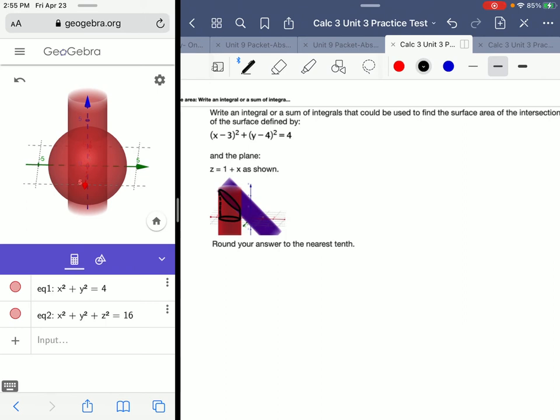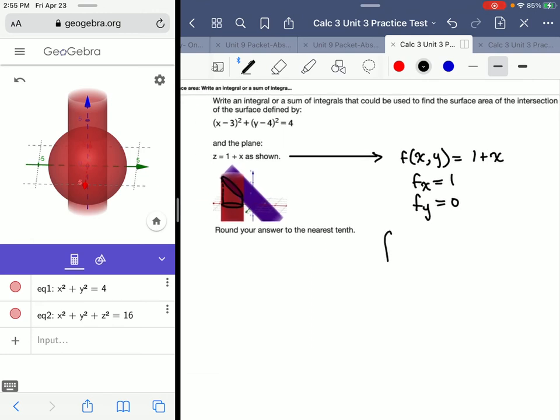So we have our z equation. I'll write it as f of x comma y is equal to 1 plus x. F sub x is equal to 1. F sub y would be equal to 0.